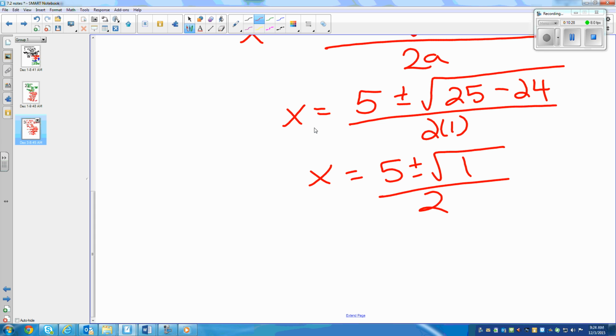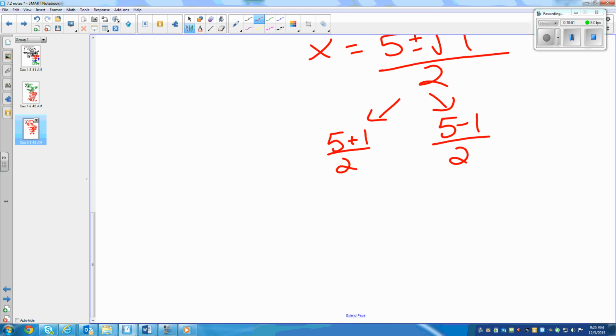What's the square root of 1? 1. So this is like saying 5 plus 1 divided by 2, or 5 minus 1 divided by 2. What's 5 plus 1? 6. Divided by 2 is 3. 5 minus 1? 4. Divided by 2? 2.